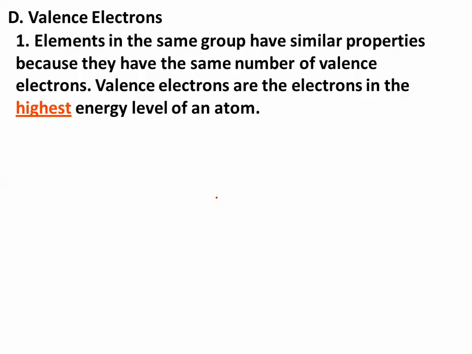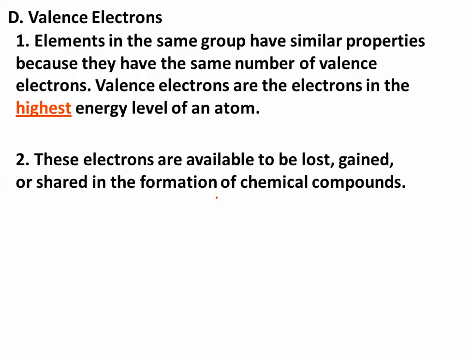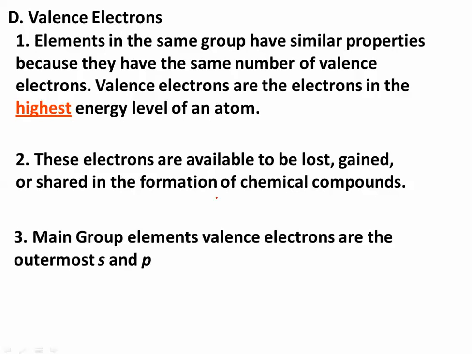All right, so let's very quickly in your notes go over valence electrons. Elements in the same group have similar properties because they have the same number of valence electrons. Remember, the valence electrons are the outermost electrons. They're in the highest energy level of an atom. And these are the electrons that are important because they can be lost, gained, or shared in the formation of chemical compounds.